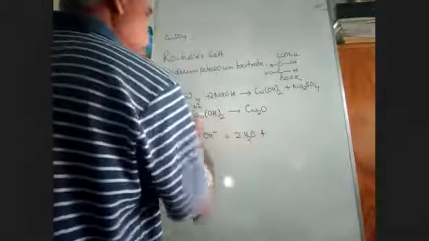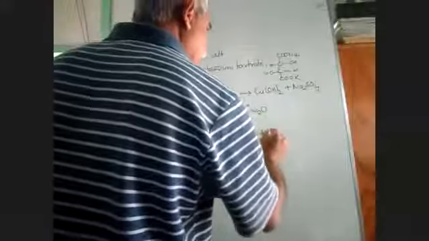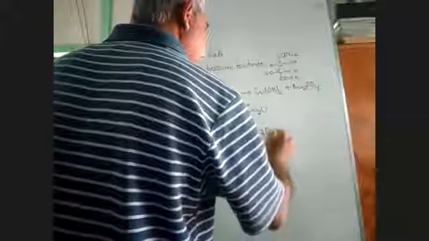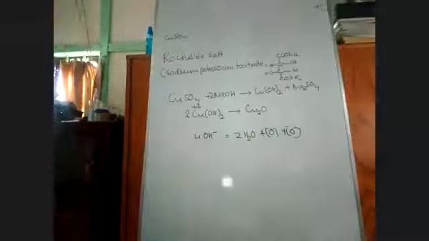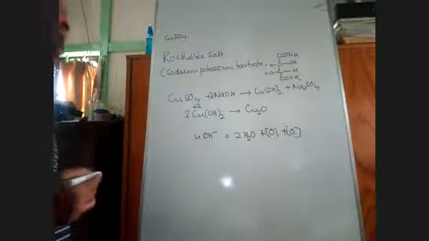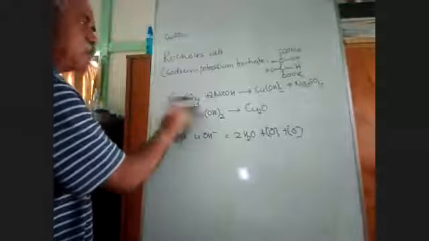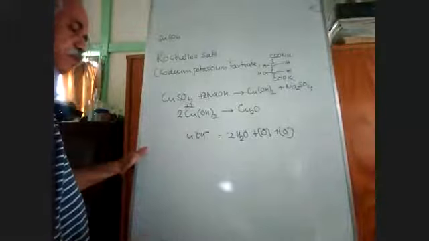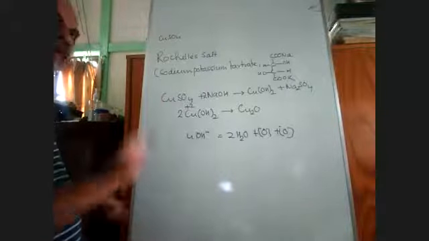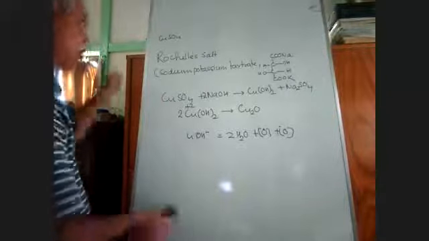One oxygen will go to copper, and one oxygen will go to the aldehyde. So this is where the oxidation takes place. So I'll write it. Don't write this one, otherwise after a few days you'll forget and you'll think what rubbish sir has written.